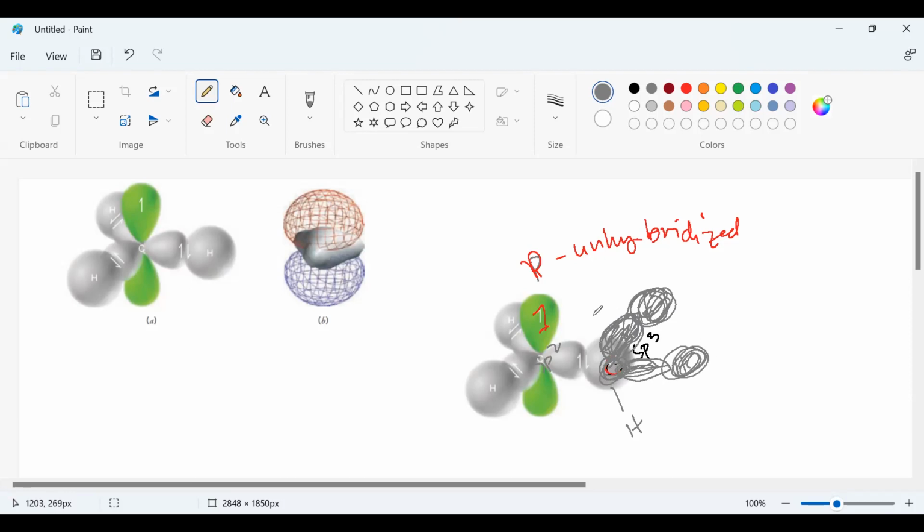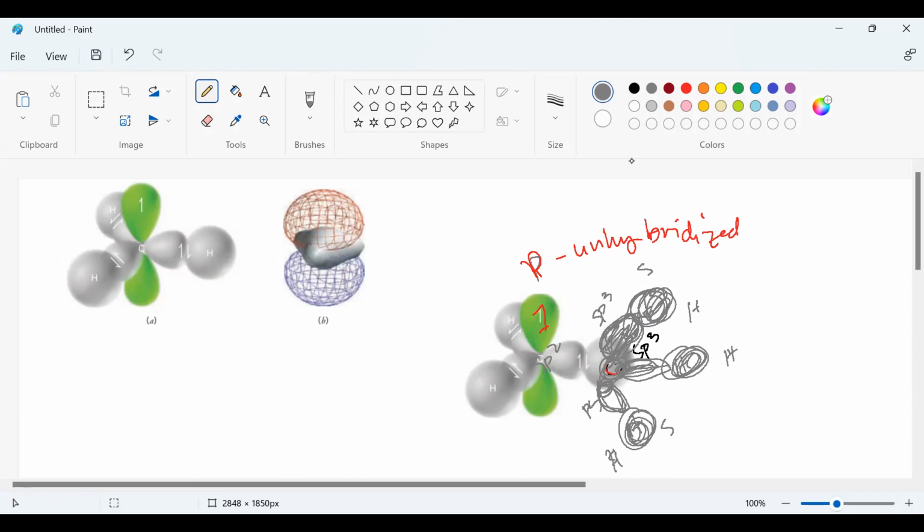So you have your sp3 from the carbon, and then the S orbital from your hydrogen. The angle is about 109.5 degrees, and the bond appears more parallel to the p orbital here.